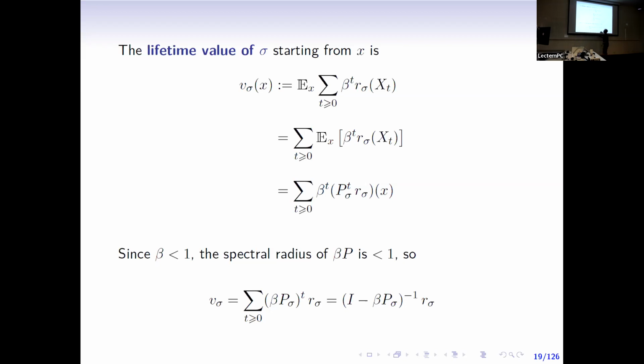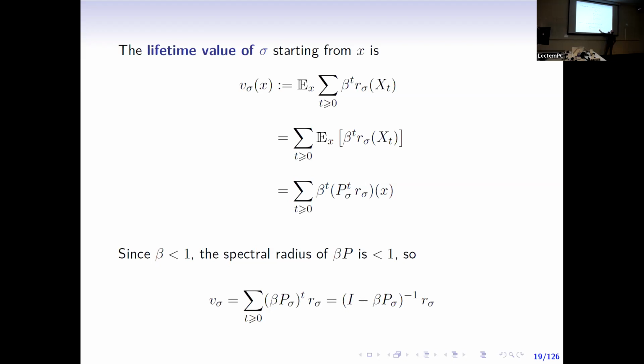Now, if you remember from basic Neumann series theory, this is just a geometric sum. Are you guys familiar with this? If all of the eigenvalues of this guy are strictly less than 1, then this guy is equal to this guy.